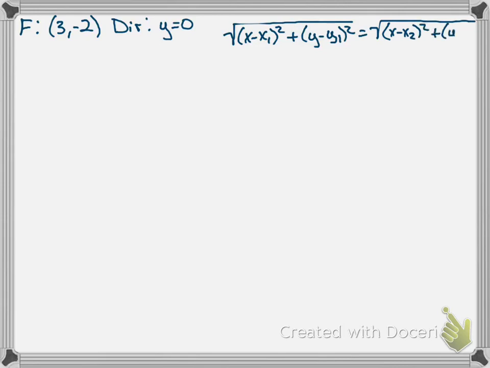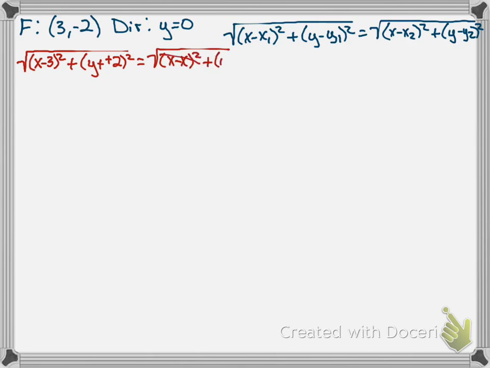Then I'm going to plug in my x1, y1, and my y2 into the equation. Okay, remember there's no x over there, so it's just x minus x, so we just mark it out, it's just 0. Okay, we squared both sides to get rid of the radical, so we have x minus 3 squared plus y plus 2 squared equals y squared.